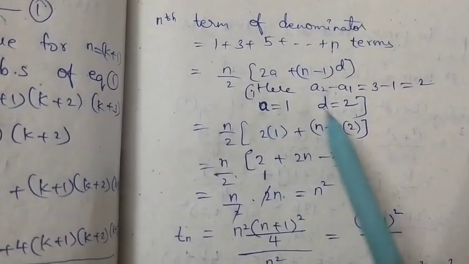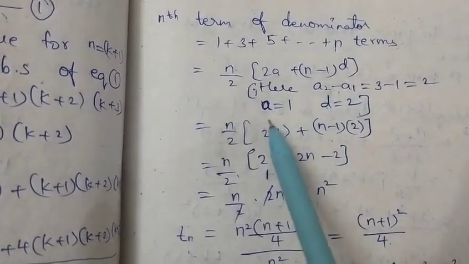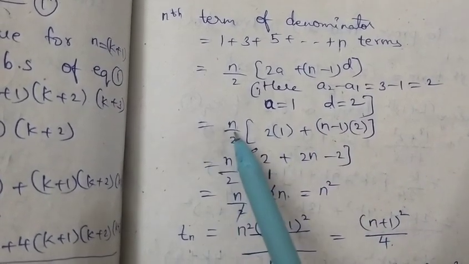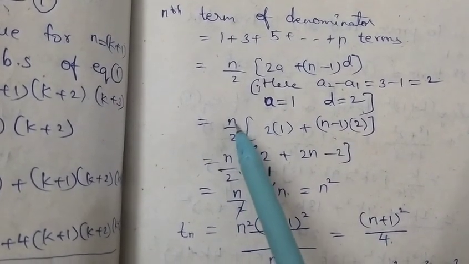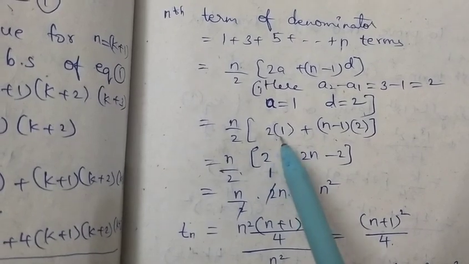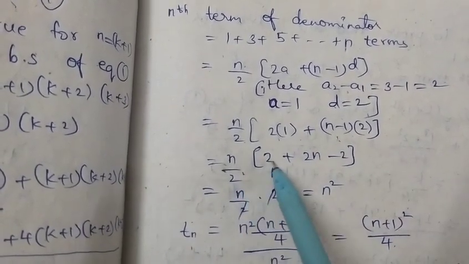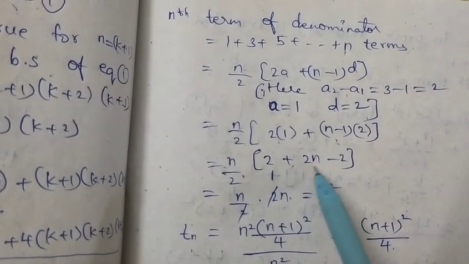Now substitute the values of a and d in this formula for the sum of n terms. You will get n divided by 2 into 2 into 1 plus n minus 1 into 2, which is equal to n divided by 2 into 2 plus 2n minus 2.